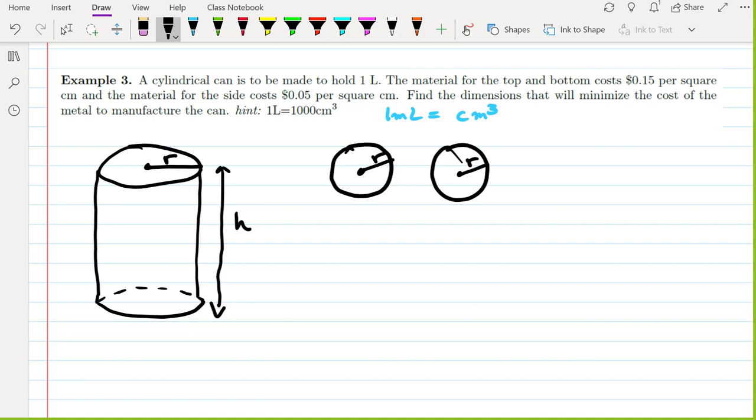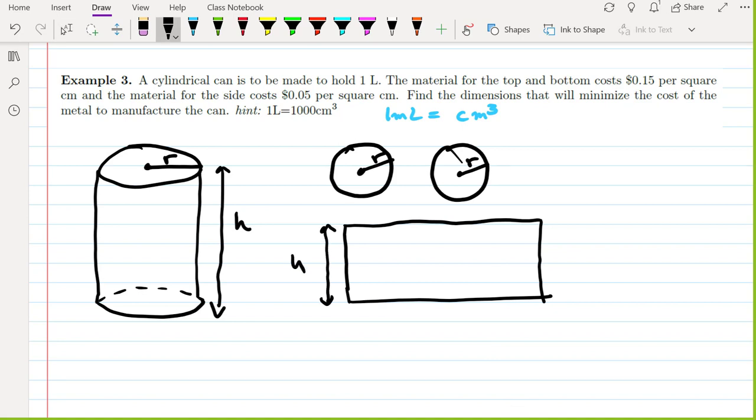And then if we cut the side and lay it out flat, we know its height is going to be h, but what is the length, or the width, of this side going to be? Well, that side has to fit around the edge of the circle, right? Because we got these circles from putting them on the top and the bottom, so that means that dimension has to be the same as the circumference. And the circumference of a circle is 2 pi times r, where r is the radius.